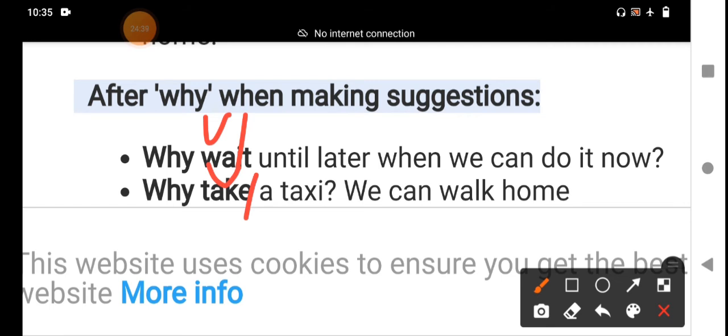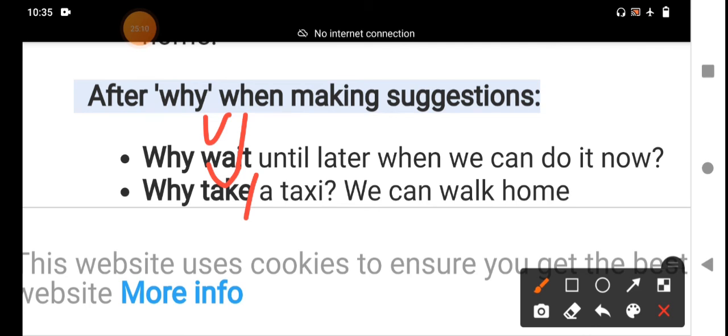When giving a suggestion to our friends, we use why plus V1, that means the bare infinitive. This is the rules of the bare infinitive in English grammar.